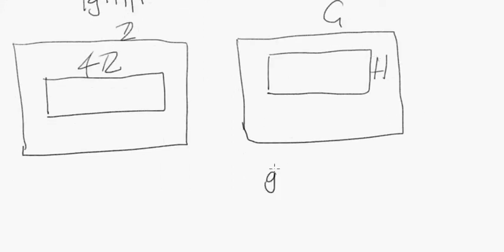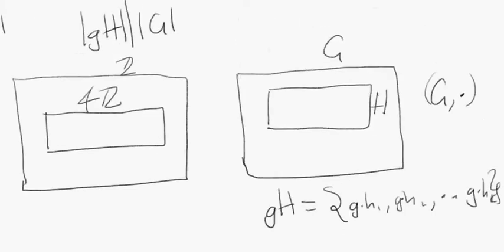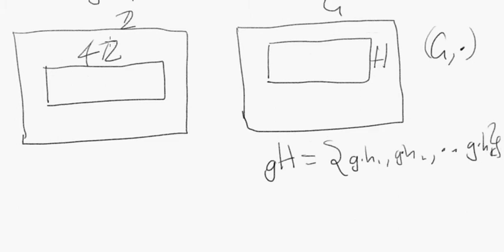And the cosets are gH, which, if the group G is being considered under this operation of dot, would just take every element of H and left multiply by g: gh1, gh2, and so on, ghk. So the natural question is, analogously, now our G is Z, and 4Z is our H. What will the cosets look like?